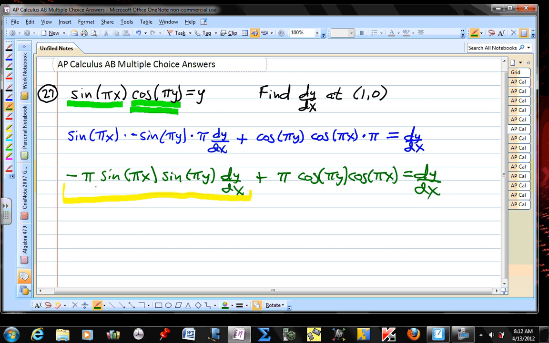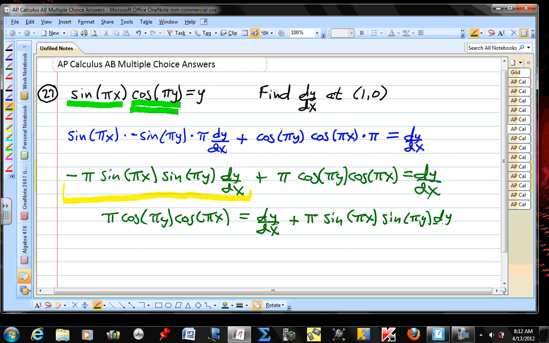So we're going to add this first term that has dy/dx in it. And that will leave us with pi times cosine pi y times cosine pi x, and that's going to equal dy/dx plus pi times the sine of pi x times the sine of pi y dy/dx.